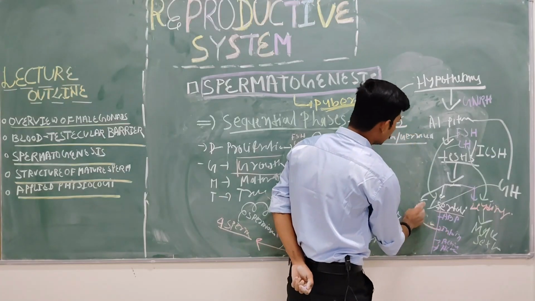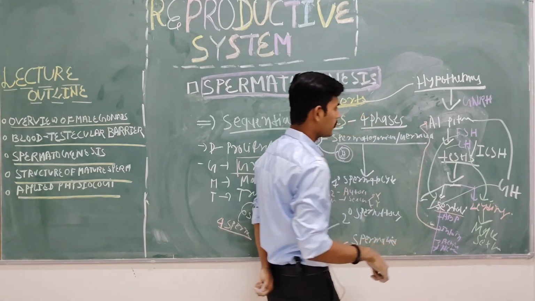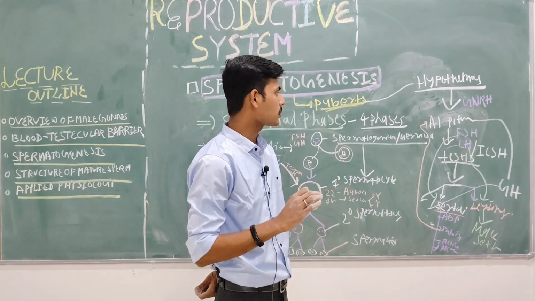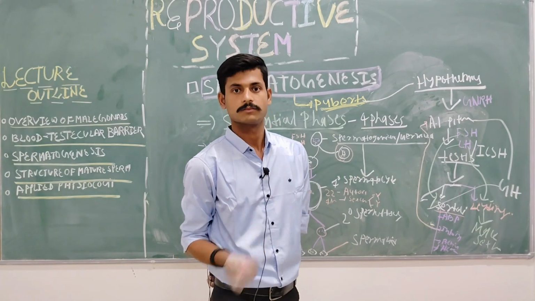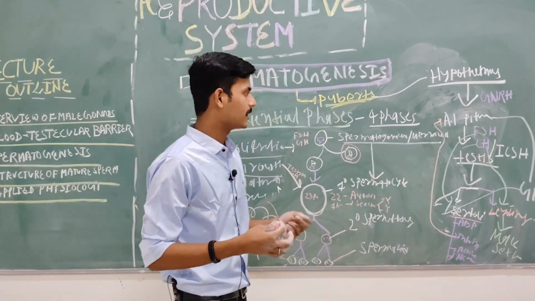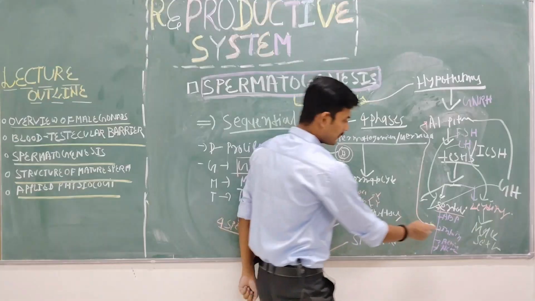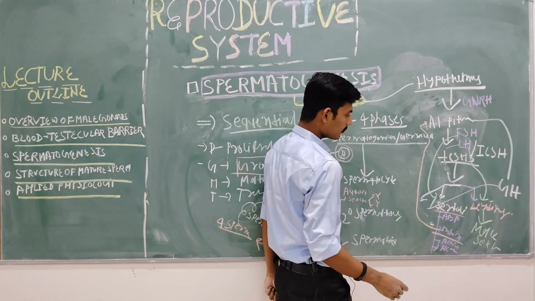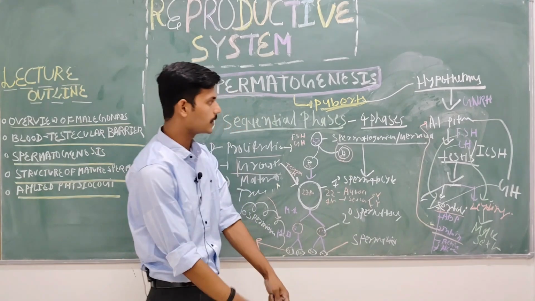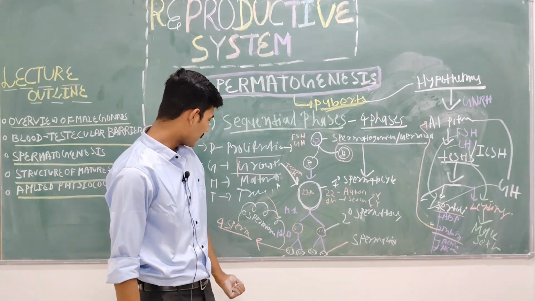This inhibin, through a negative feedback mechanism, goes to the anterior pituitary and says that the spermatogenesis rate is adequate, now you have to stop for a while. You need not always form sperm after sperm. So inhibin acts like a stopping hormone and stops the synthesis of FSH. They are helping here also.